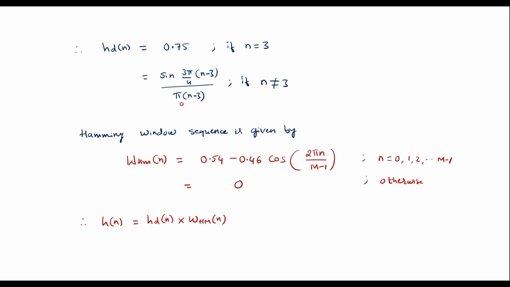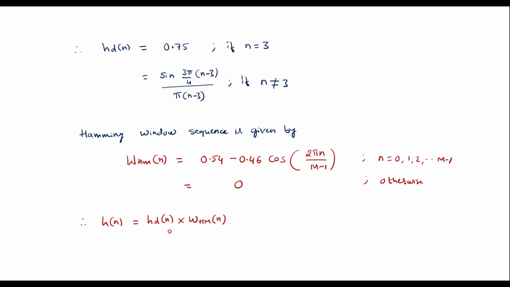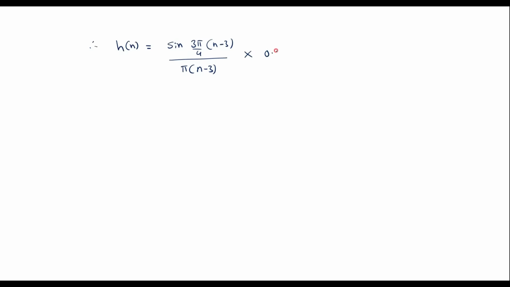That is h of n is equal to sine 3 pi by 4 of n minus 3 divided by pi of n minus 3, into Hamming window, 0.54 minus 0.46 cos 2 pi n divided by m minus 1.